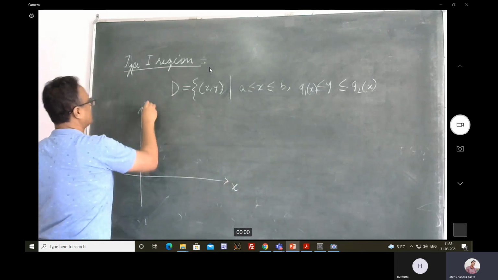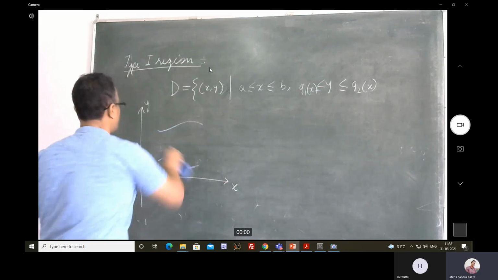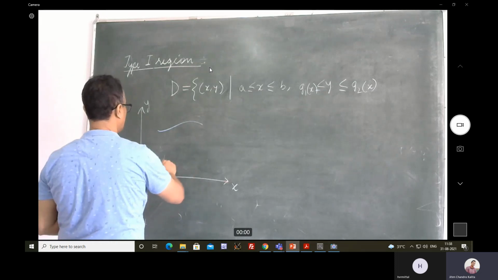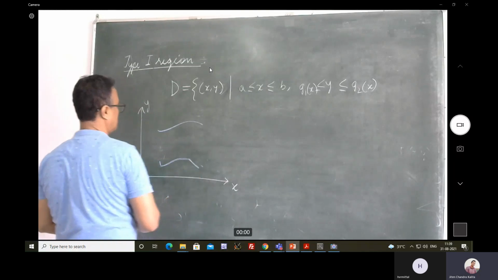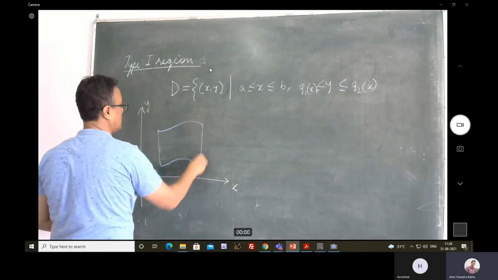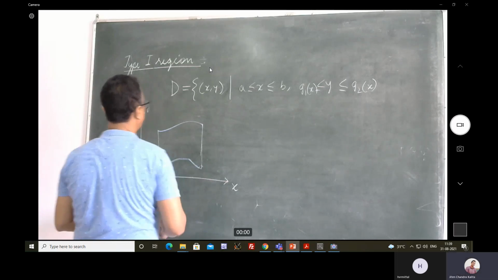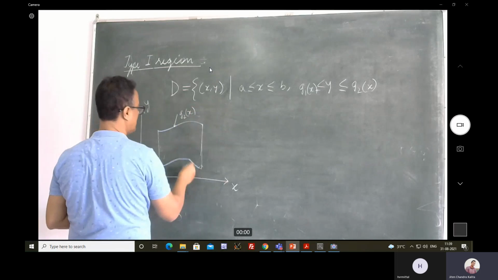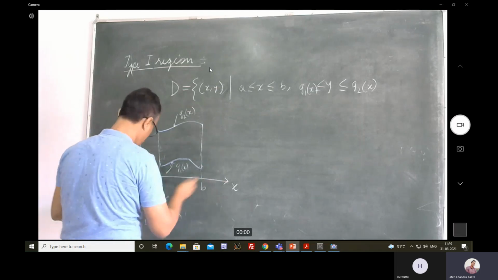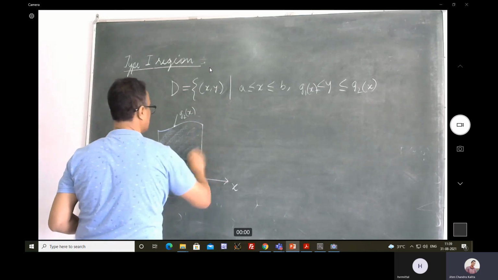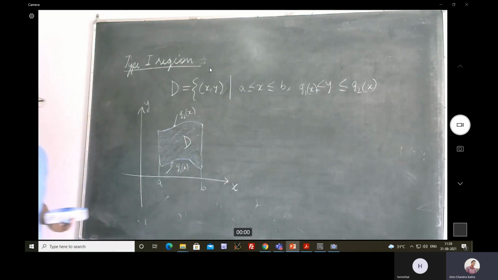So it is something like this. Okay, this is g2(x), this is g1(x), this is A, this is B, and this shaded portion is the domain D. Is it okay?